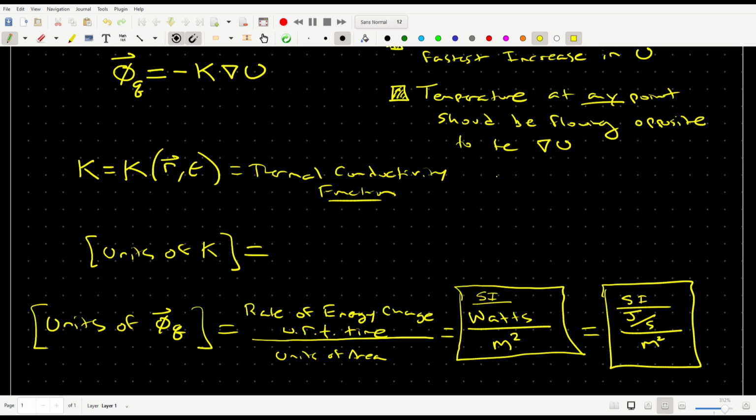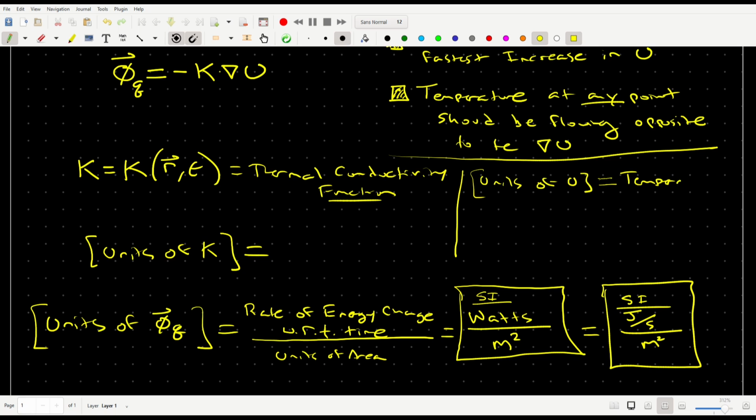The units of U are temperature, which in SI, or standard units, is measured in Kelvin.